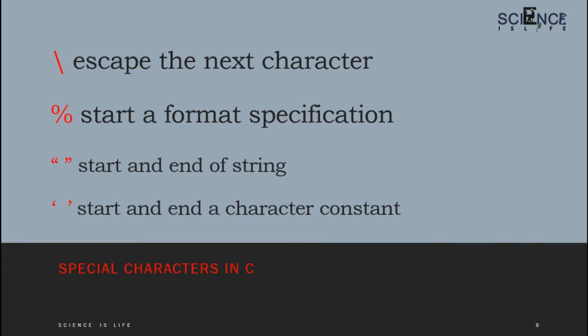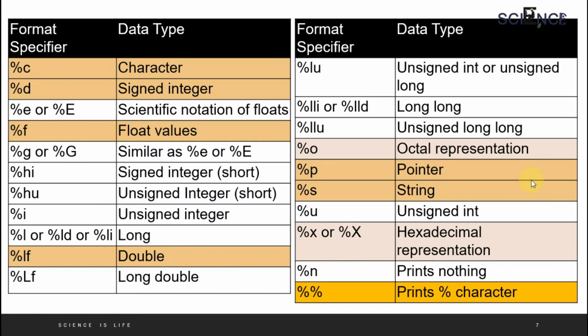So how do we print a percentage mark within a string? We need to use double percentage marks to print a single percentage mark, right? Otherwise, if we put a single percentage mark within a string, it will not print it as a percentage mark because it thinks it is a format specifier. That is why we need to use two percentage marks.